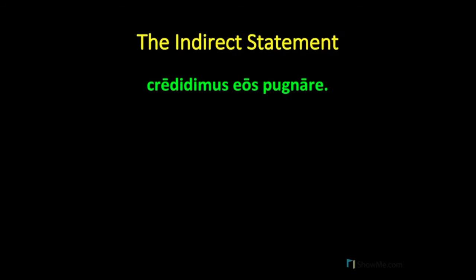Okay, another example. Credidimus eos pugnare. Our main verb is credidimus, and the subject of that is going to be we, as we know from the mus ending. Eos is going to be the accusative subject of the indirect statement, and pugnare is the present infinitive.